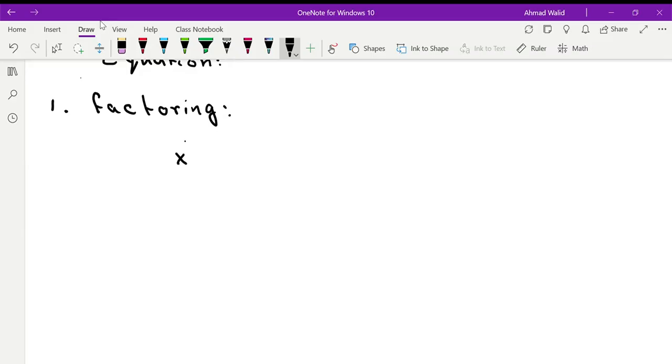For example, I have x squared minus 9 equals 0, and they're asking me to solve this equation. Solving a quadratic equation means find the roots of this equation or find the solutions or maybe solution of this equation.